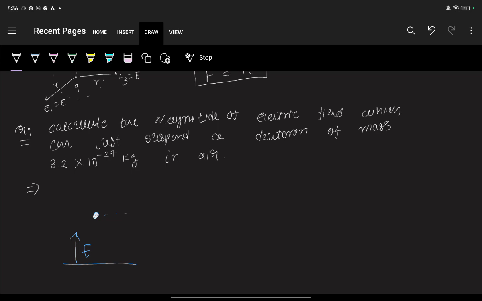We have to first find Q. First Q is required. For the deuteron, it is 1.6 into 10 raised to minus 19 coulomb.